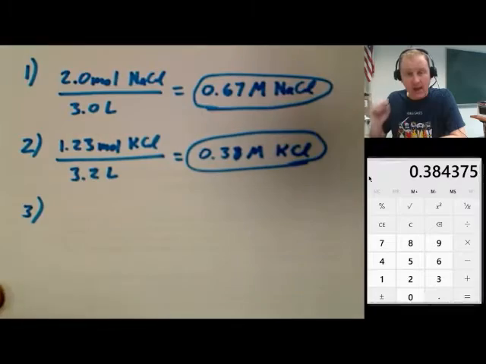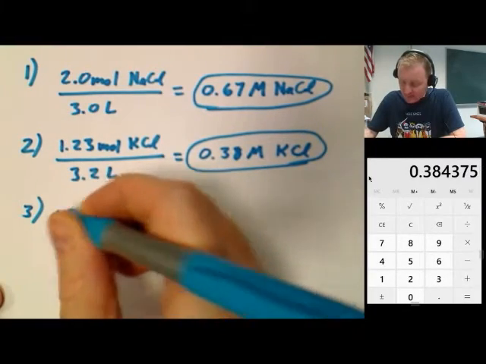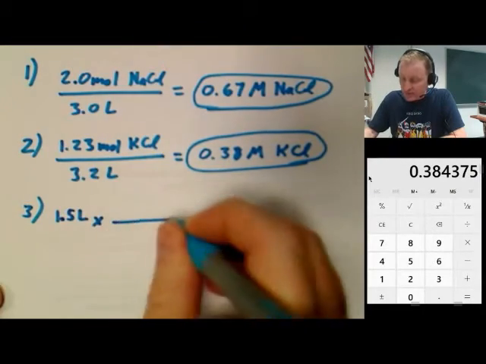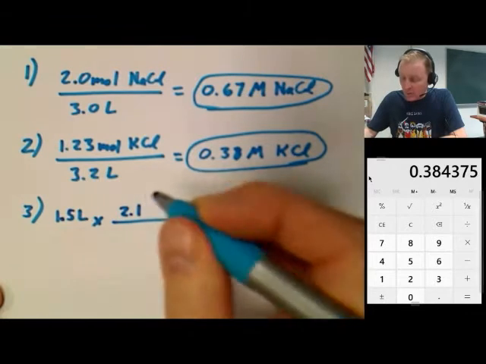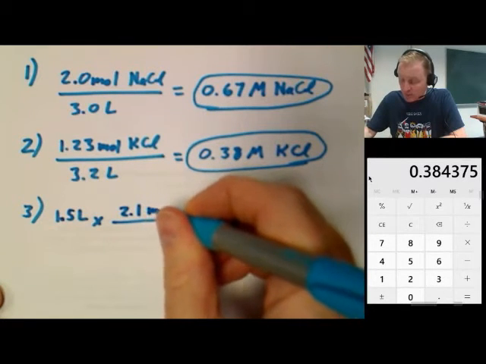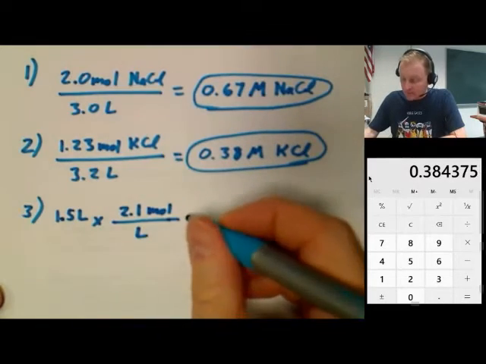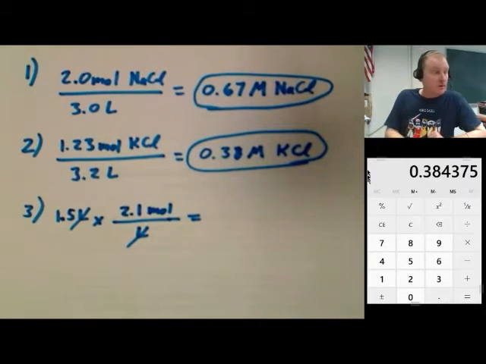So I have 1.5 liters, and I know that the molarity is 2.1, which means 2.1 moles per liter. That's what molarity means. So liters cancel with liters, so this would be 1.5 times 2.1.